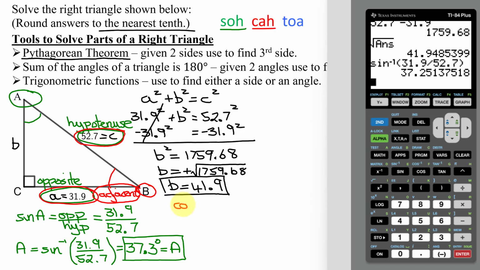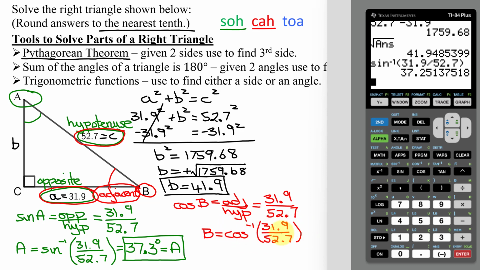So the cosine of angle B is the adjacent side over the hypotenuse. The side adjacent to angle B is side A, which is 31.9, divided by the hypotenuse of 52.7. So angle B is just the inverse cosine function or arc cosine function of this ratio of 31.9 divided by 52.7.